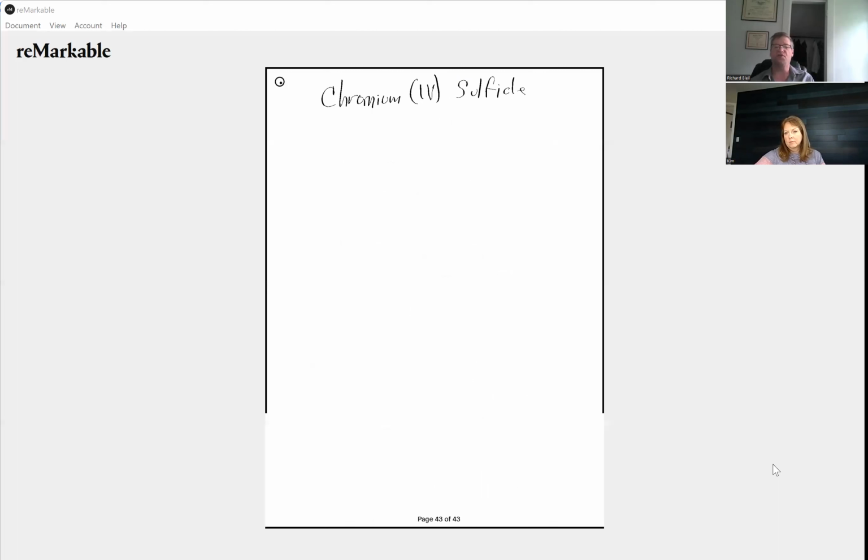Chromium(IV) sulfide. Now, if they give you the Roman numerals in parentheses, that's even easier because you don't have to memorize those. It's given to you. If it's Roman numeral IV, the charge of the chromium is +4.